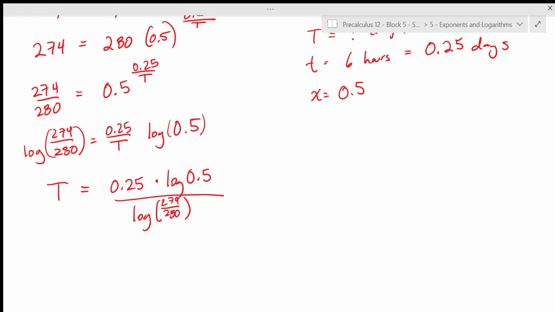And we are going to get big T equals 7.99976, which is approximately equal to 8 days. So the half-life of that radioisotope would be 8 days.